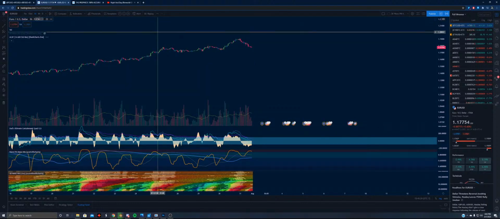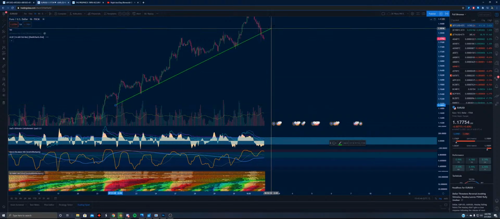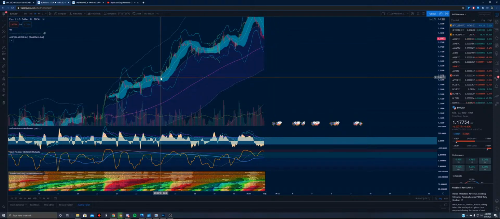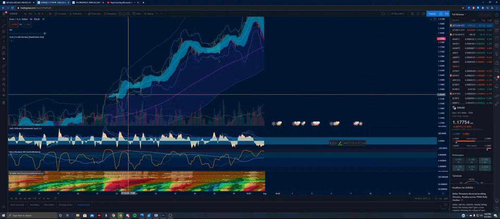Let's try the 1 hour because we might get something. Generating on the 35 here. I suppose people care about this trend line. Try that again.